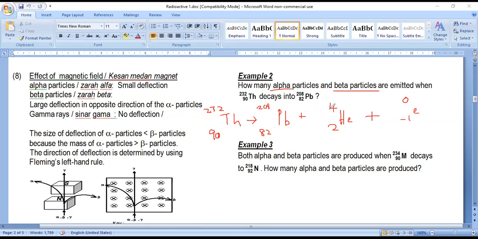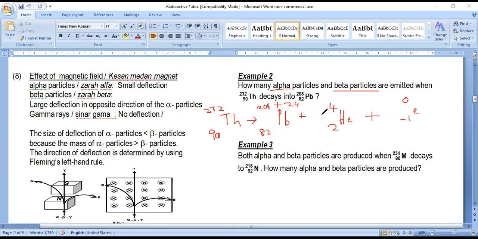So we want to know how many alpha. This is 232. If 208 plus 4, you only get 212, so it's not enough to balance. Here cannot add, the 0 has no effect. So from 208 to become 232, you need another 24, because 24 plus 208 gives you 232.